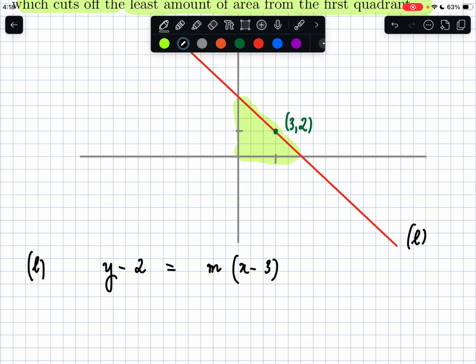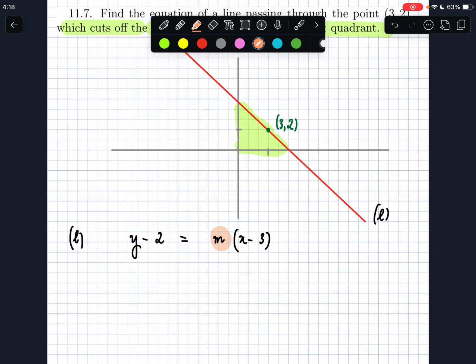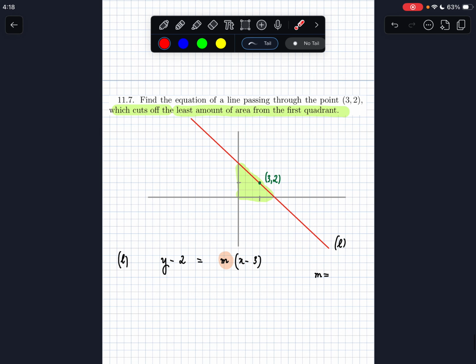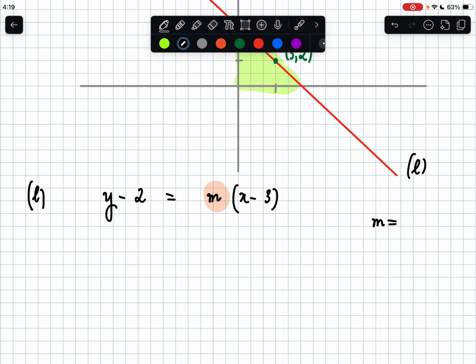So here y minus 2 equals m times x minus 3. This is our slope, which we need to find. And we know that we don't want the slope 0, we don't want, say, y equal 2, for example.